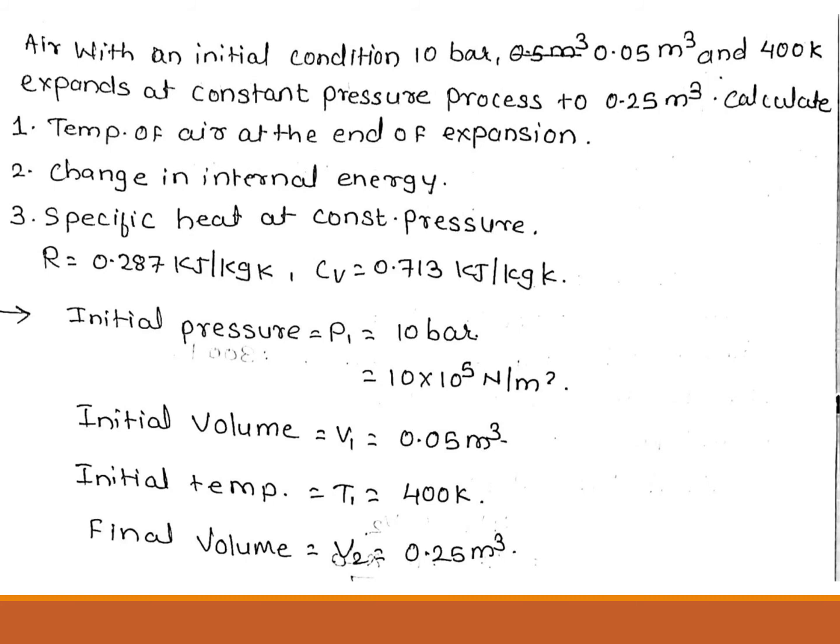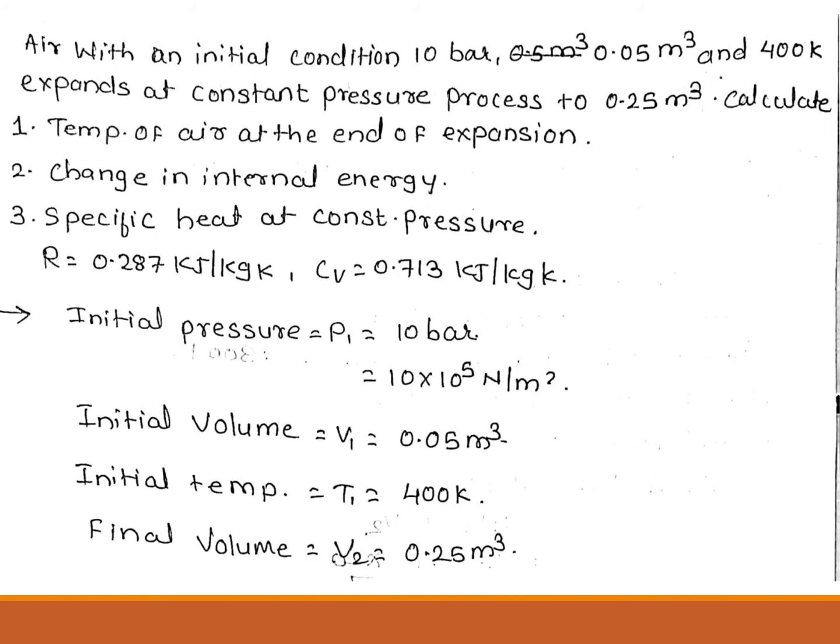In an isobaric process, pressure remains constant. So given initial pressure 10 bar, converted into Newton per meter square, 10 bar is equal to 10 into 10 raised to 5 Newton per meter square. Initial volume 0.05 meter cube. Initial temperature 400 Kelvin.